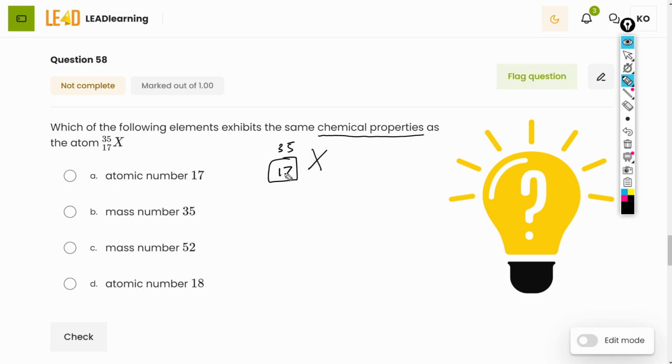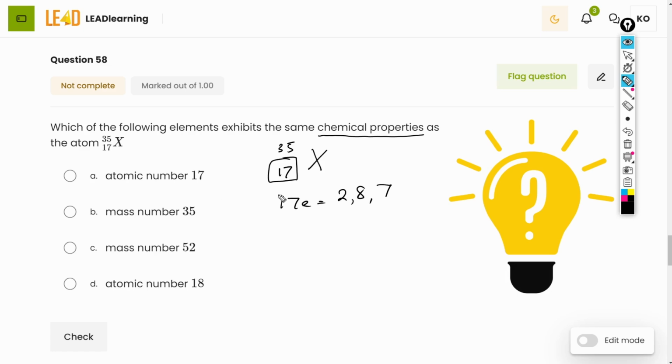So if the proton number is 17, the number of electrons will also be 17. The configuration will now be 2, 8, 7. So it's asking us which of the following elements exhibits the same chemical property as the atom 35, 17.